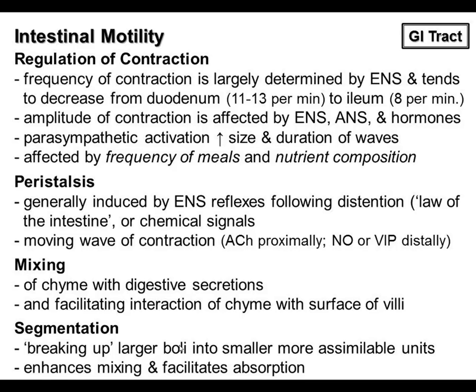You have to increase other systems, but not the intestinal movement. So the parasympathetic enhances the movement of your intestine, and the sympathetic would slow down the movement of the intestine. Okay, the kinds of motility we have: peristalsis.